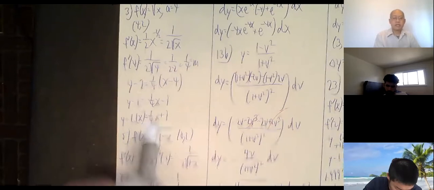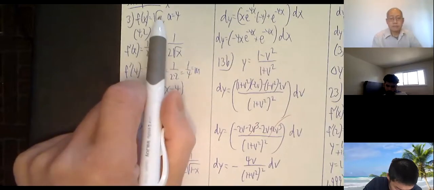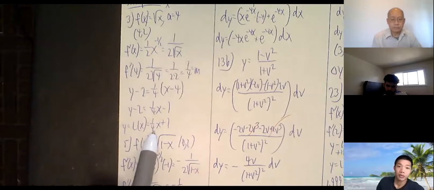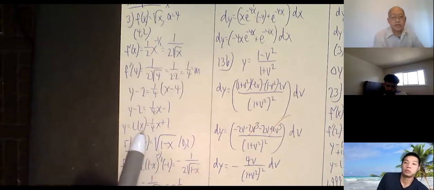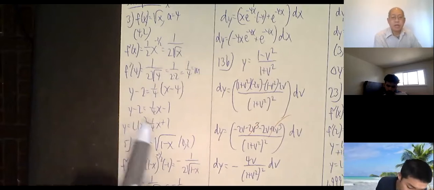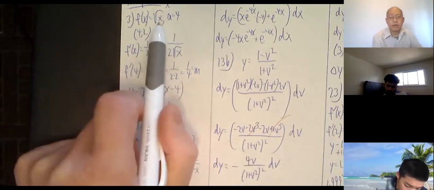This is an approximation to the square root function, but we're more comfortable with this than this. Okay, it's a lot easier to plug into here. So this is the equation of the tangent line, but written as a function, L of x. By the way, what do you get when you plug in 4 right here? 1 plus 1 is 2. What do you get when you plug in 4 here? 2.